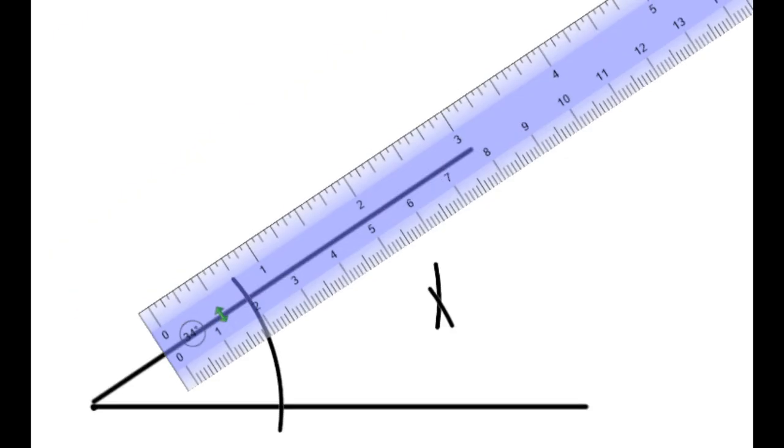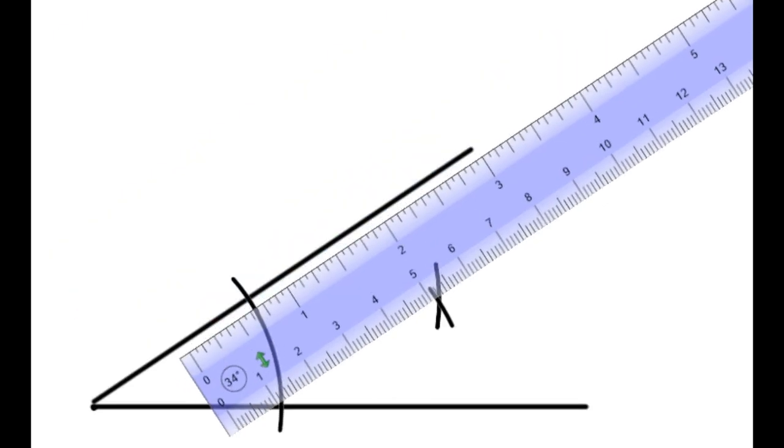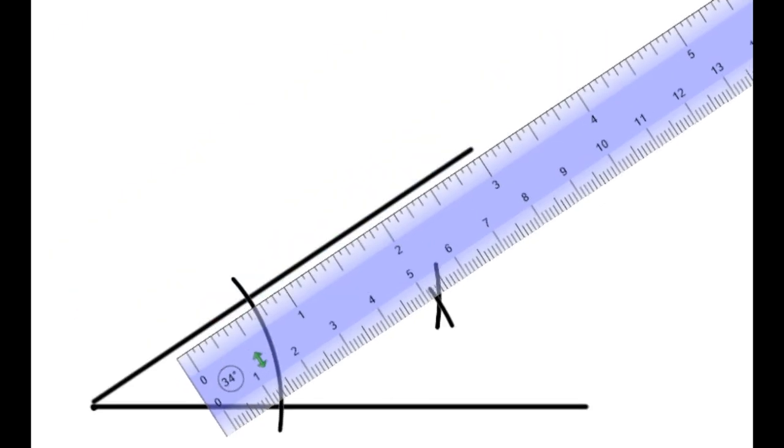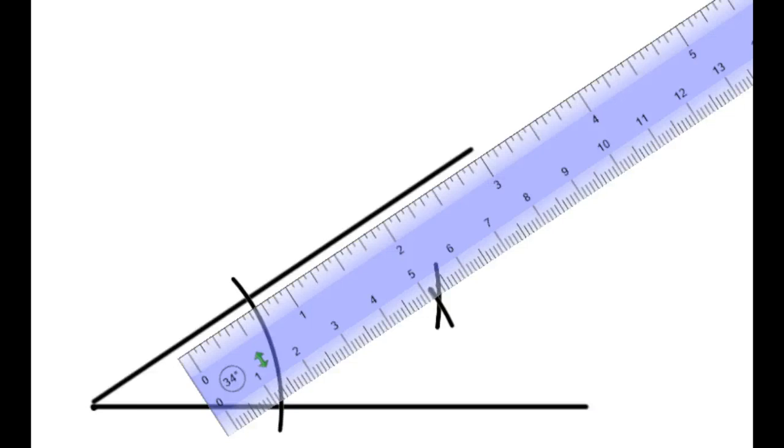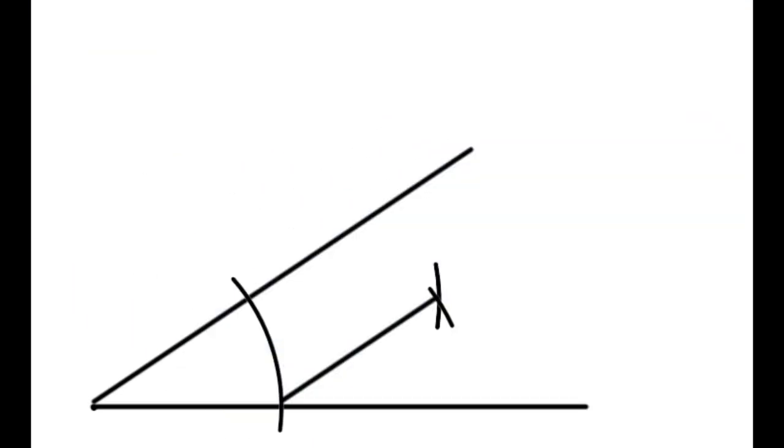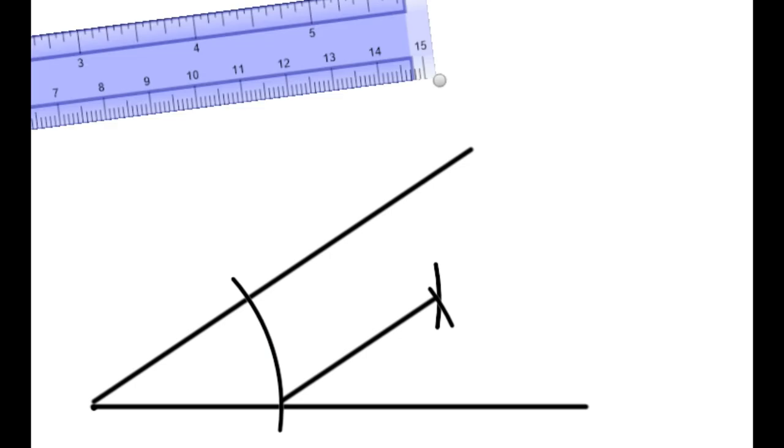So let's bring the straight edge back in, and if we connect up these two intersections, we'll have a third side of our rhombus. So from here to here. And if we connect up the other two vertices, we'll have the fourth side of our rhombus.